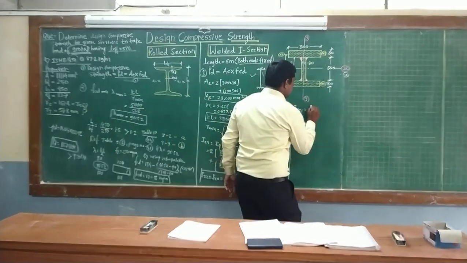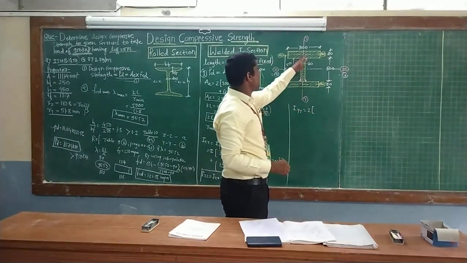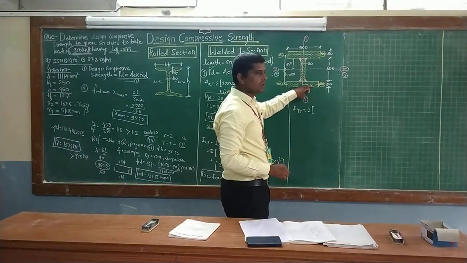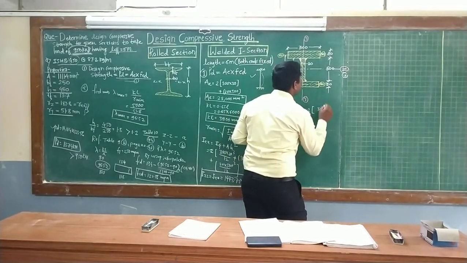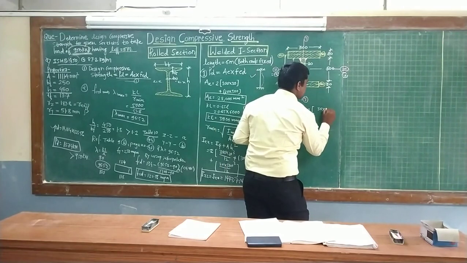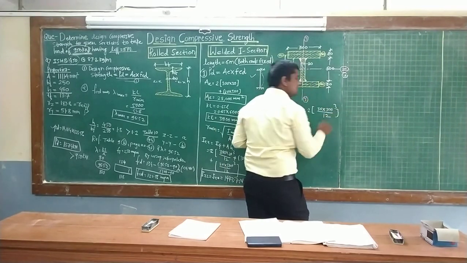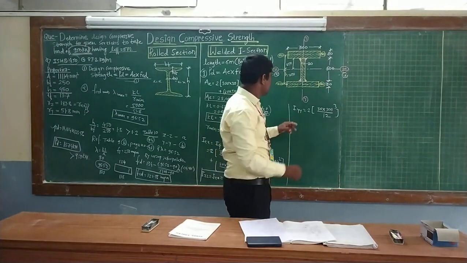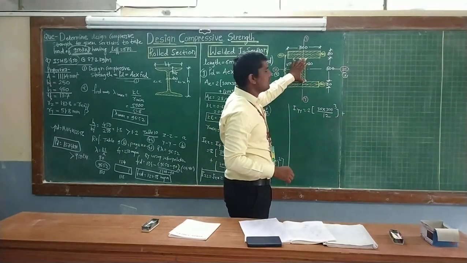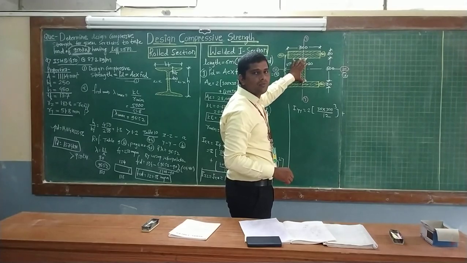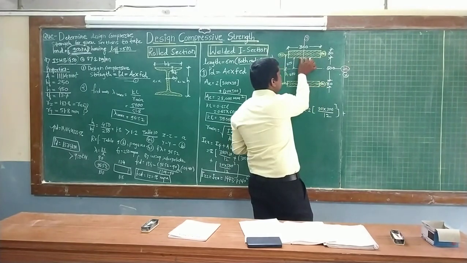So here B is twice for top and bottom flanges. So Ig will be B is 30 mm into depth 300 mm cube divided by 12, that is BD cube by 12, plus for the web, here B is 500 and depth is 20 mm.